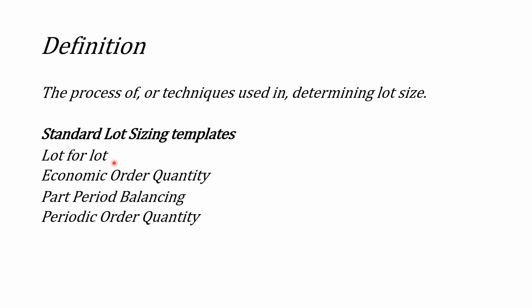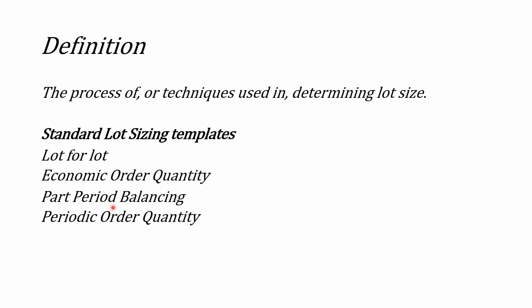The economic order quantity helps us calculate the EOQ, just as we did in the inventory chapters, and then we use that number as our lot size. However, this might not yield the minimum cost, because the EOQ assumes that the demand is constant, and the demand may not be constant in this question.